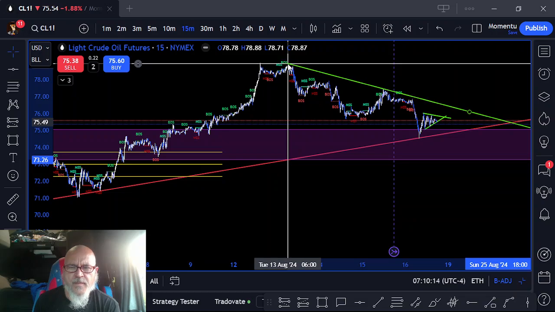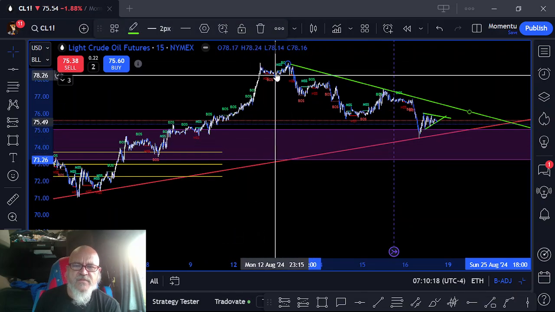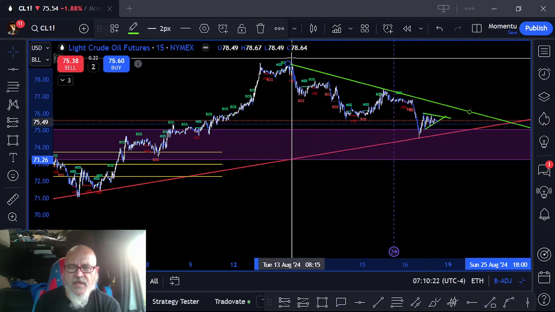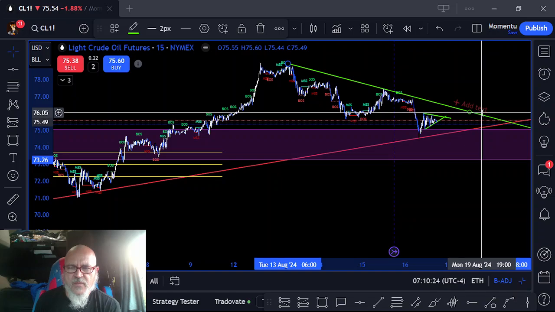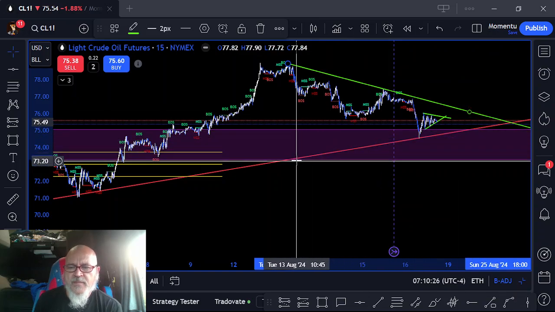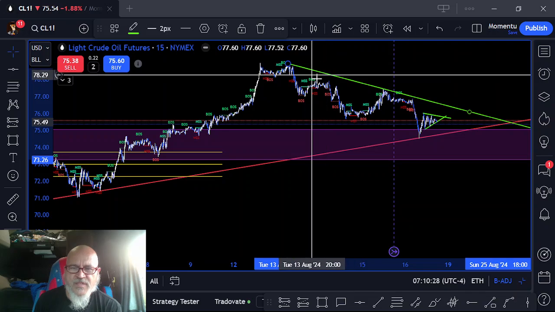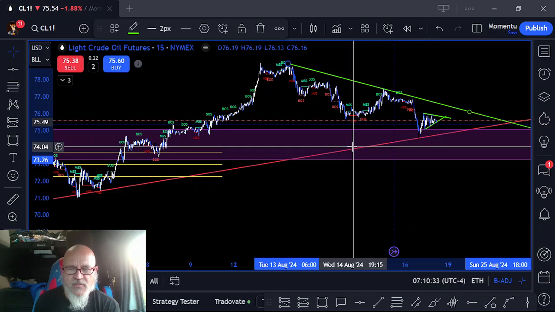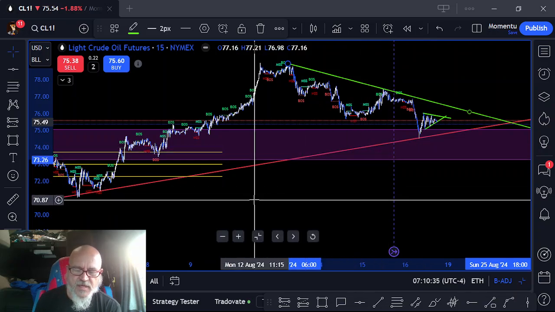Then down. Okay. So we have two touches on the 15-minute downward trend line. Now, the reason the colors are inverted is because if we break this, I want to go long. If we break this, I want to go short, right?